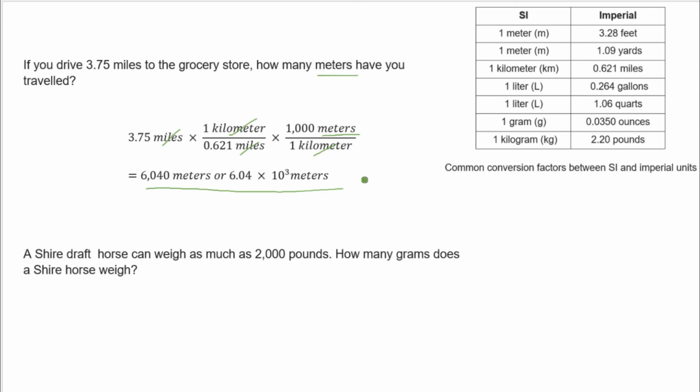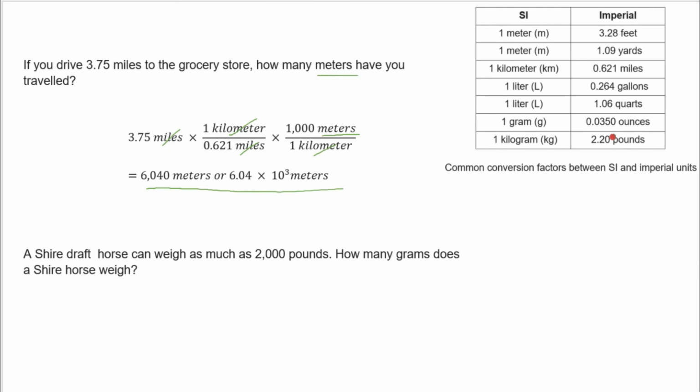It reads, a Shire draft horse can weigh as much as 2,000 pounds. How many grams does a Shire horse weigh? All right, ideally we would like to move from pounds directly to grams. But if I check the chart that I have here, I can go between grams and ounces or kilograms and pounds.